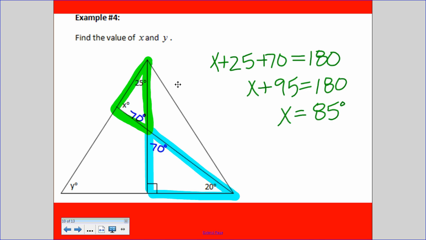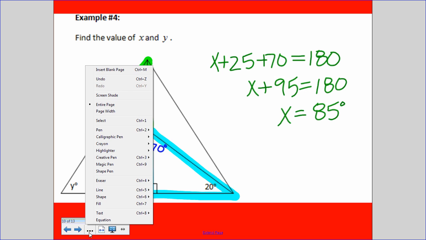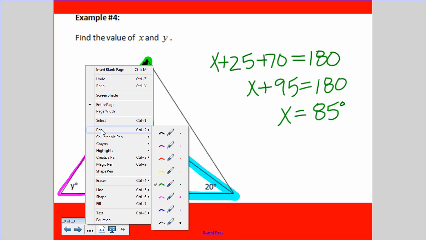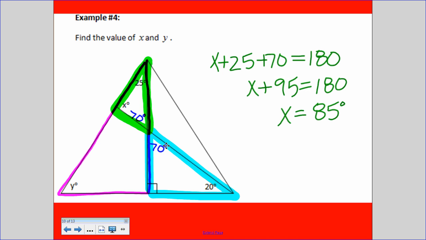Ash? It's the tall half, right? Yeah. That guy's gonna help us find y. So y plus 25 plus 90.